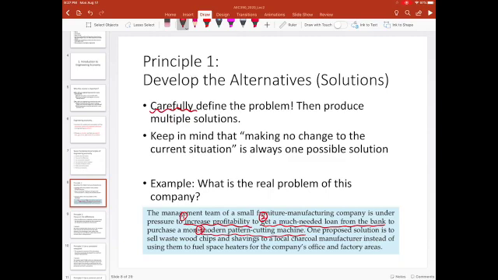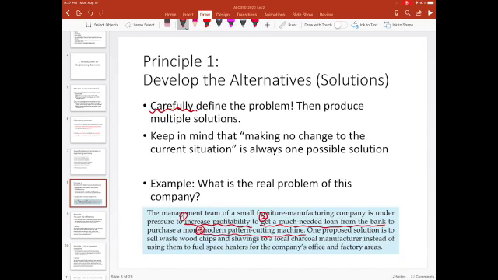But still, the reason is they want to increase their profit. So for this company, the real problem is not to get a loan, is not to get a machine, it is to increase their profit. Okay, so that's why we say sometimes it can be complicated. You have to pay attention to the real problem.